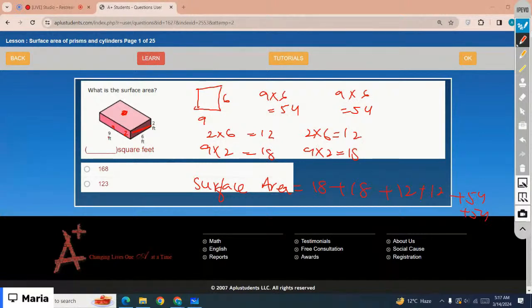The sum of all these areas is 168. So the surface area is 168 square feet. Got it? The correct option is 168 square feet, option number 1.